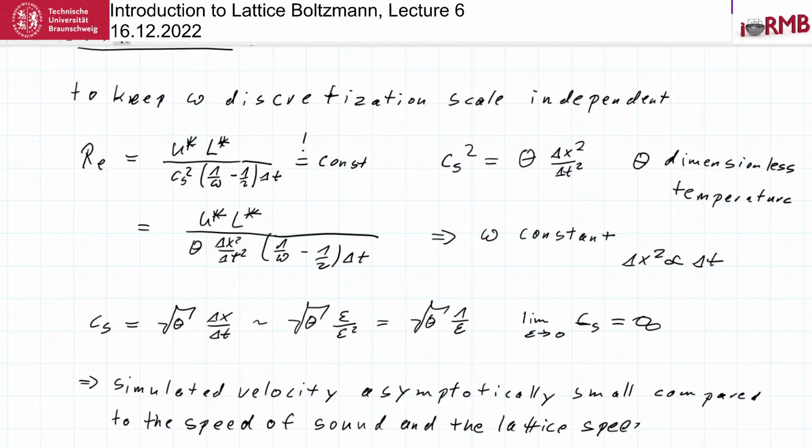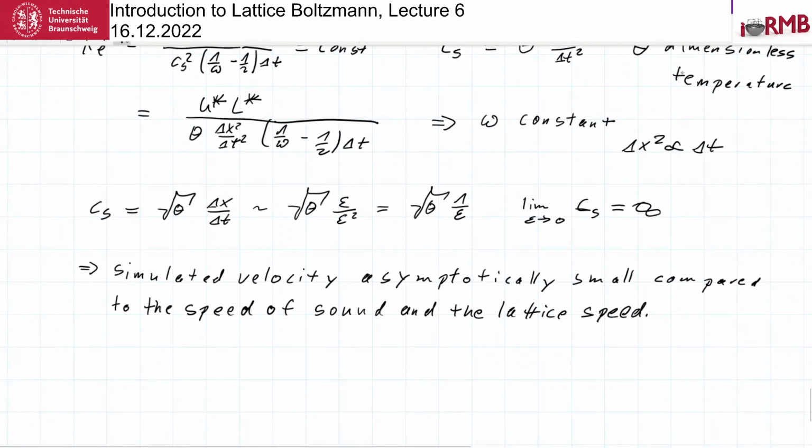So what this means specifically is if you make your grid spacing smaller, you also make the lattice velocity smaller. And therefore, errors in velocity will also at the same time get smaller. Now, of course, this has another problem, which is also the reason why it's often not used in practice. Namely, we have now eliminated the speed of sound.